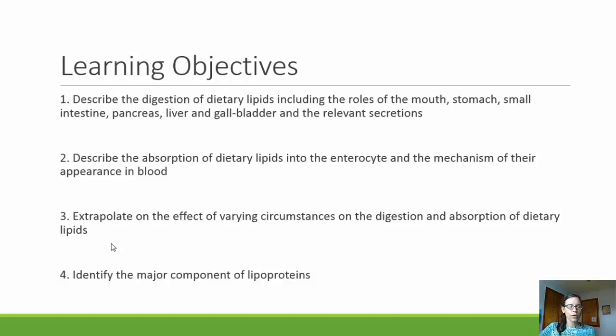And then also, because we're talking about digestion and absorption, we are going to take it one little step further. We know that lipoproteins are important in digestion and absorption, but they're also important for cholesterol and fatty acid transport. So we're going to take that one more step and talk about the transport of the lipoproteins from the liver as well.